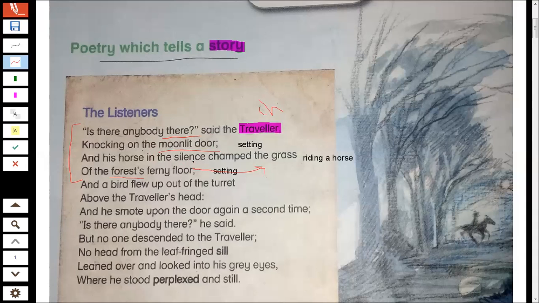I guess we know now. Since it's a ferny floor with heavy grass, it means it's rarely cropped and rarely eaten, which means there is no human interference in this grass. So no one is really taking care of it. This area has had nobody living there at all until the moment the rider arrived.